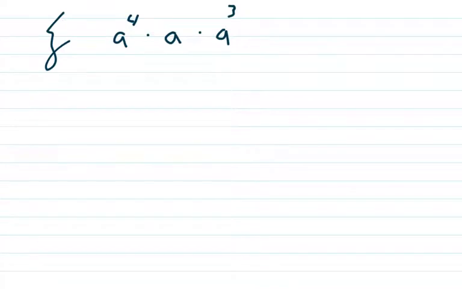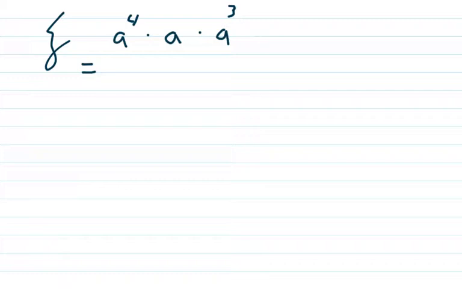I like this question because it's not a trick question, but it'll catch a lot of students this way. The first question I always ask myself when I'm dealing with exponent rules is, do I have common bases? If I have common bases, I can jump right into it. So yes, I have common bases. The a's are my base. I'm multiplying. That tells me what rule I have to follow, so I've got to use the product rule.